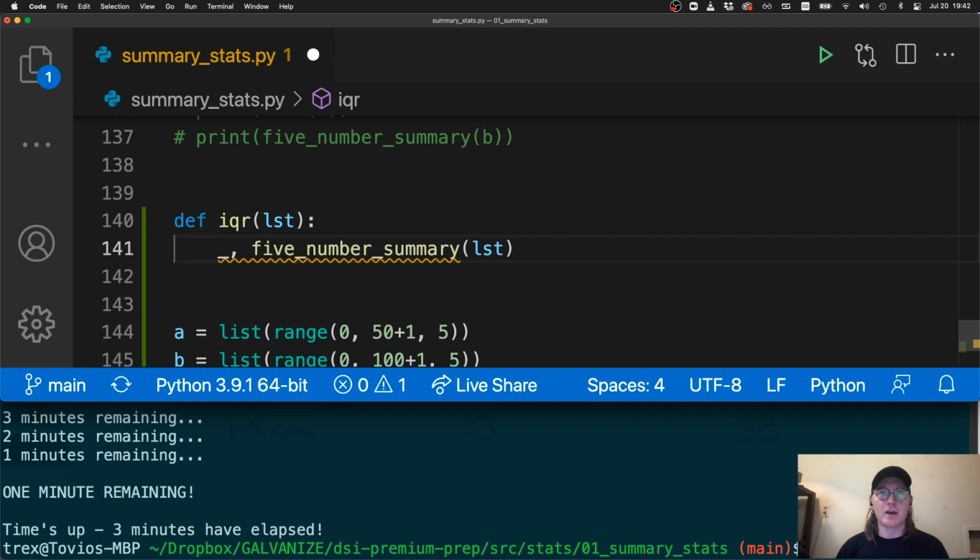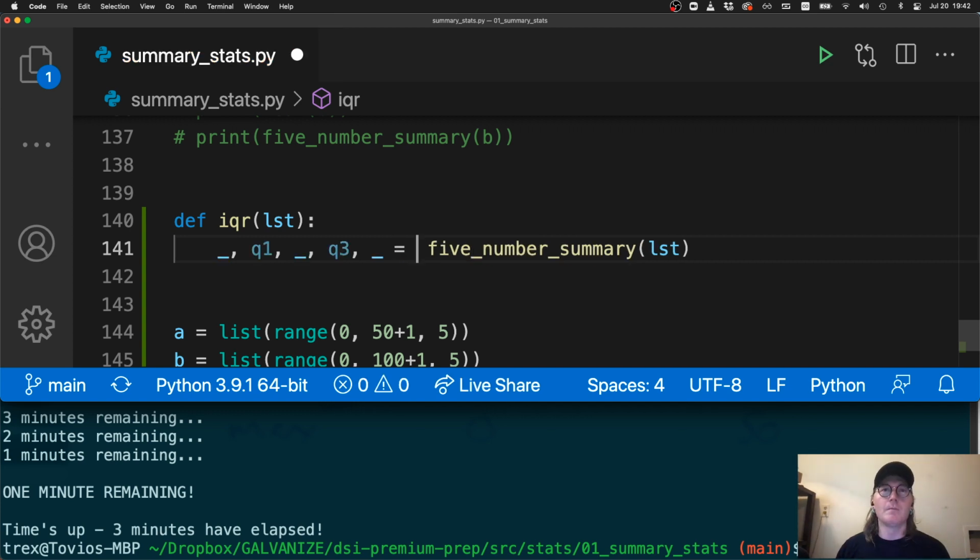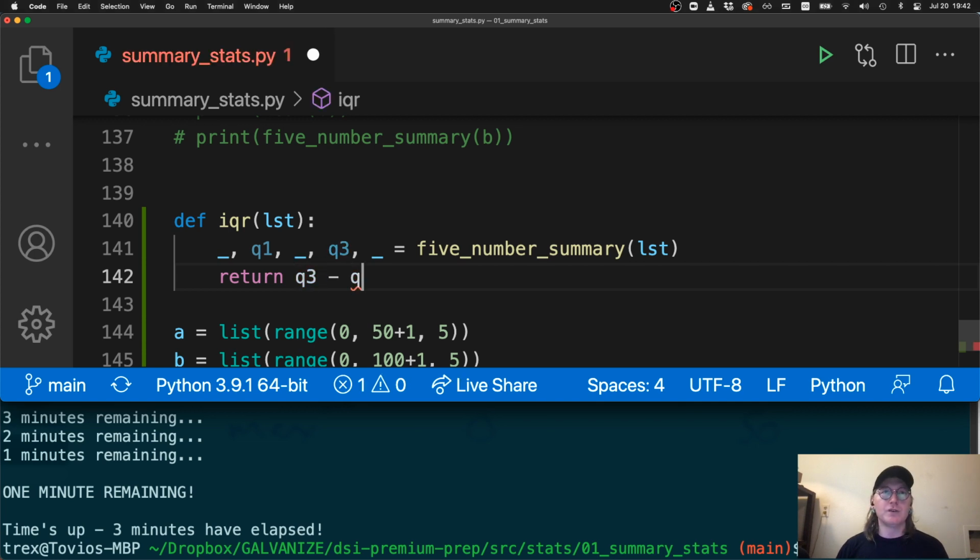Notice I'm using an underscore here because we don't care about the min, we're just going to throw that away. We get Q1. We don't care about the median. We do care about Q3, and we don't care about the max. So we do that, and we can just return Q3 minus Q1.